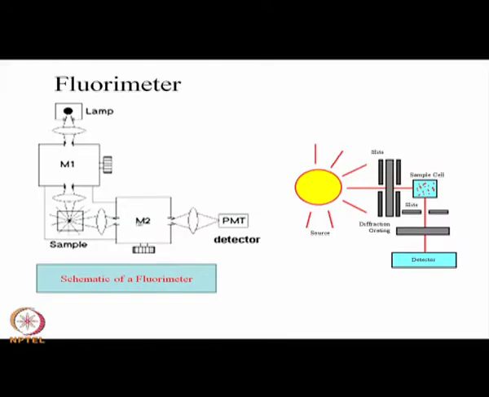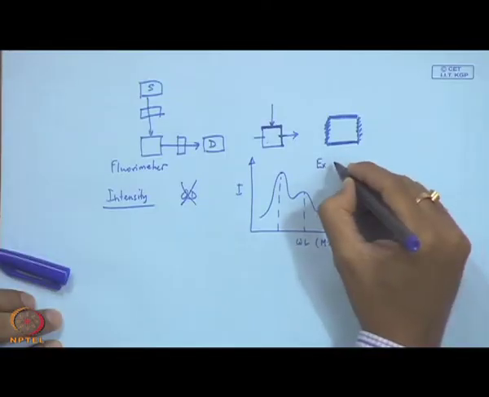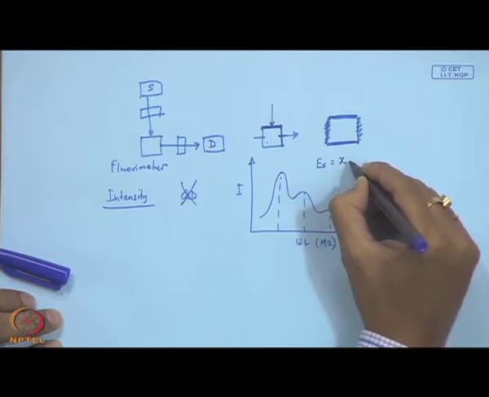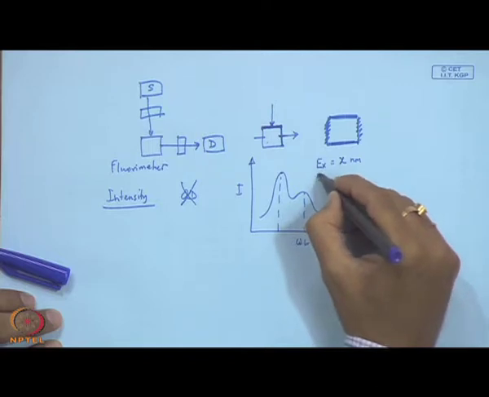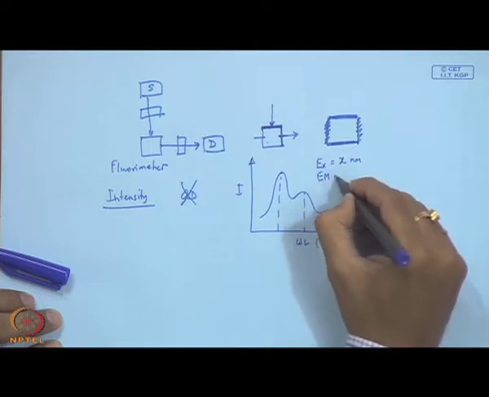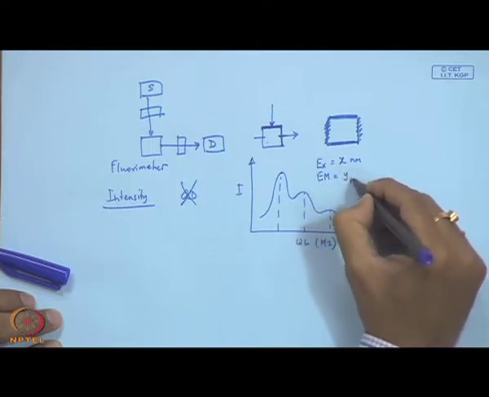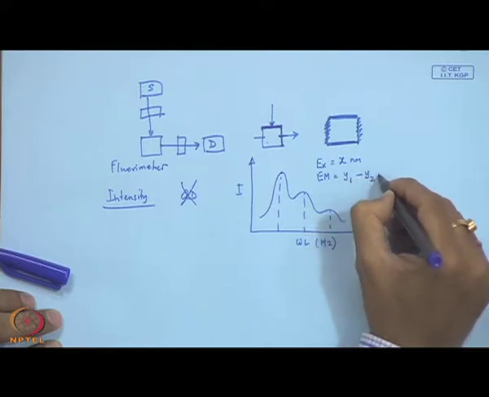Because we have to analyze this light with respect to the excitation source, when we draw an emission spectrum we have to have certain information input: the excitation, say x nm, that is you excited at x nm, and emission maybe from some y1 to y2 nm.